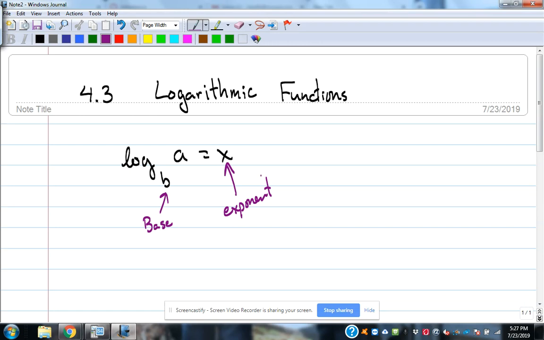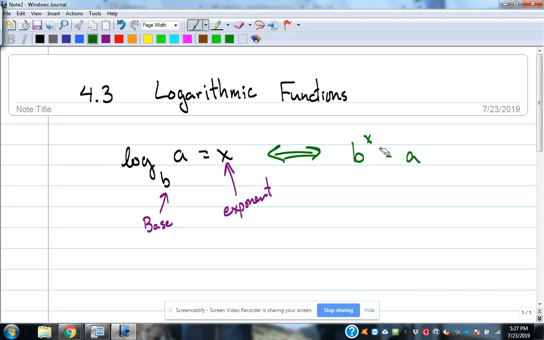Really, if we talk about an exponential statement, this could be rewritten exponentially as b to the x power equals a. Okay, so anything that's written as a logarithmic statement, an equation, could be rewritten as an exponential.